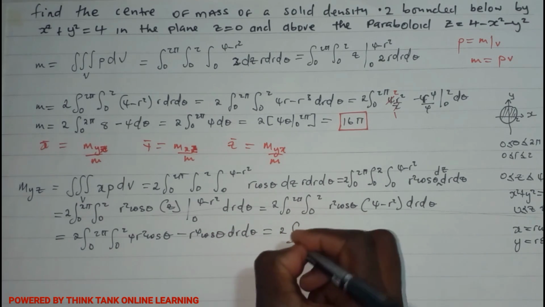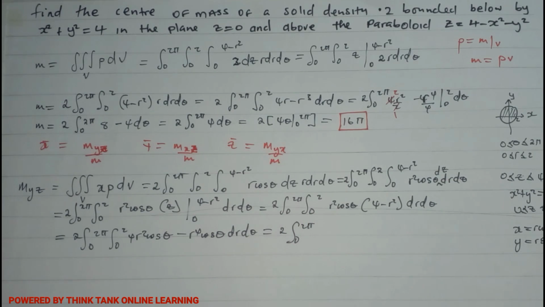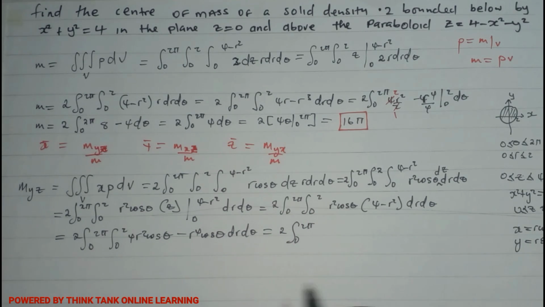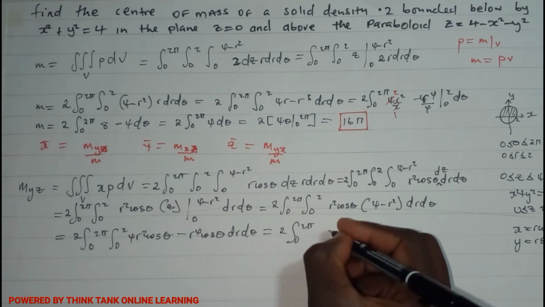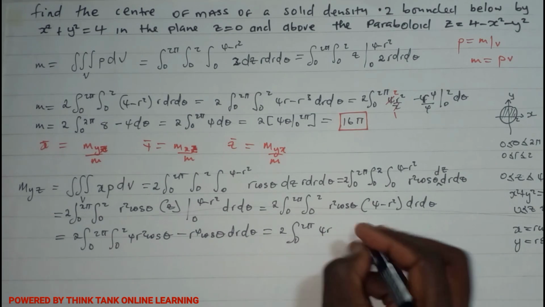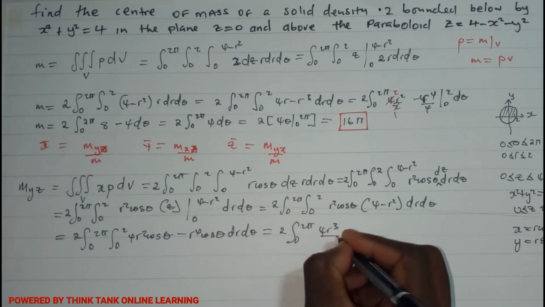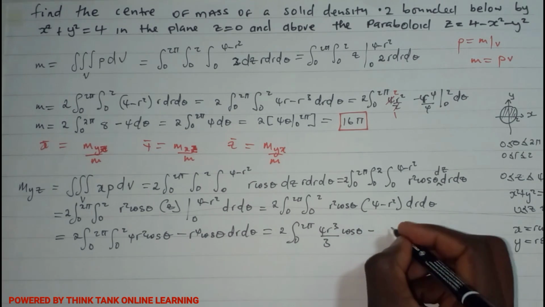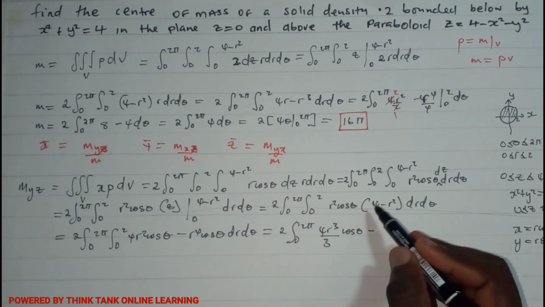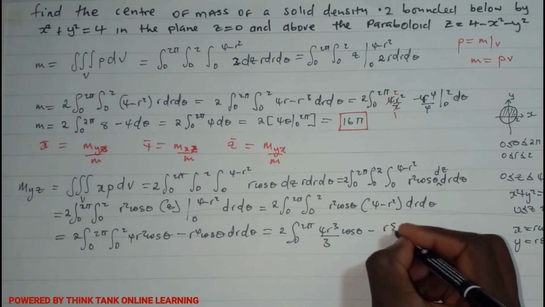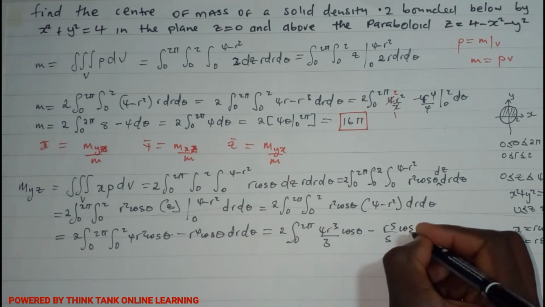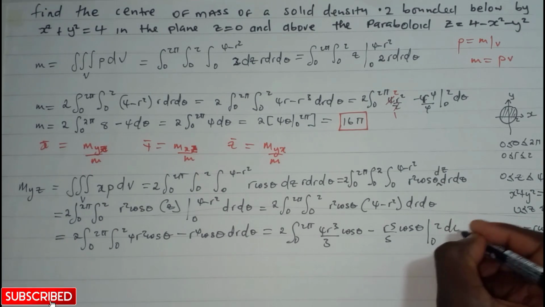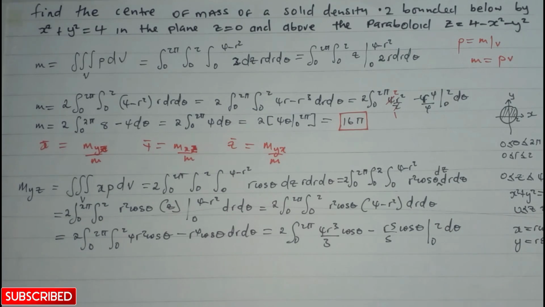Now let's integrate with respect to r. We're going to get 4r cubed over 3 cos theta minus r to the power 5 over 5 cos theta, with limits for r 0 to 2, and d theta for the angle.